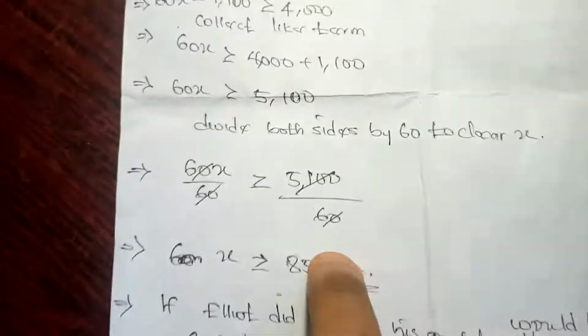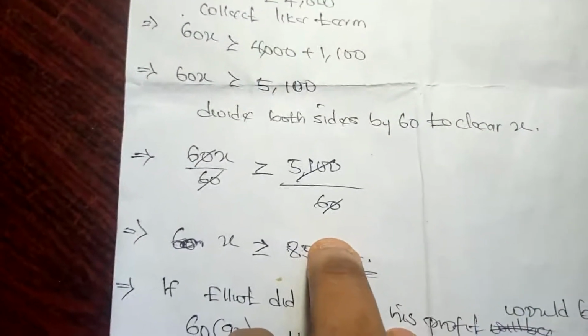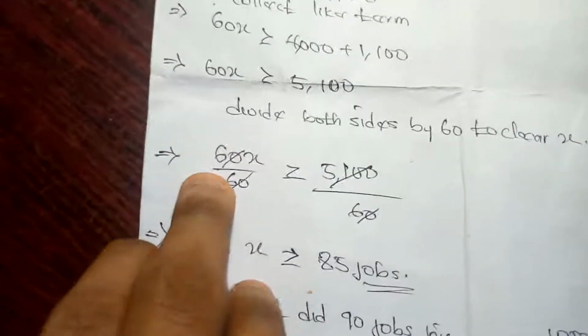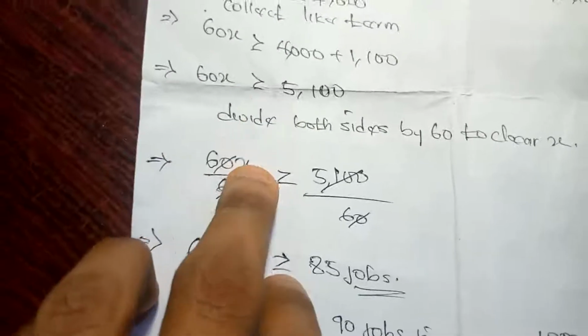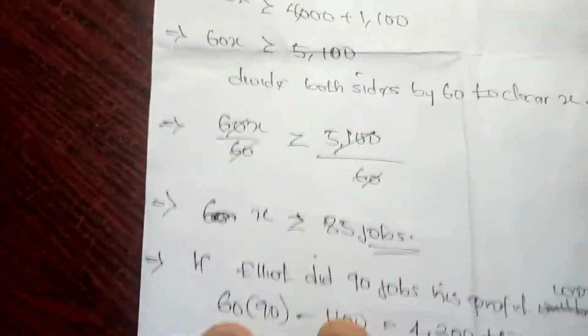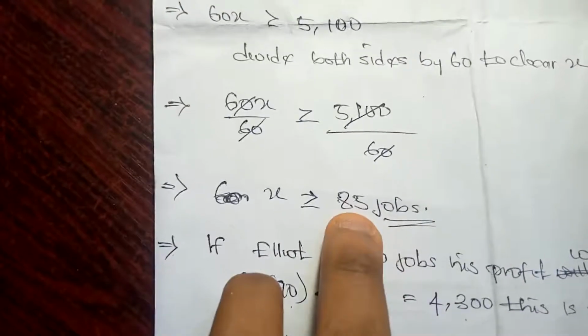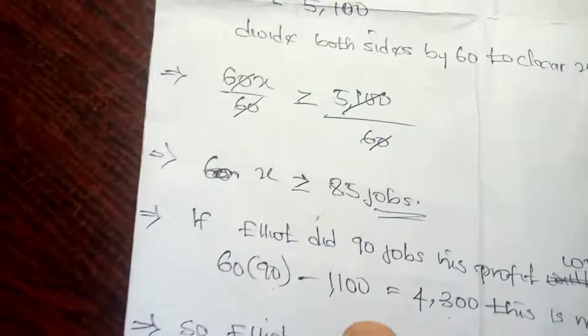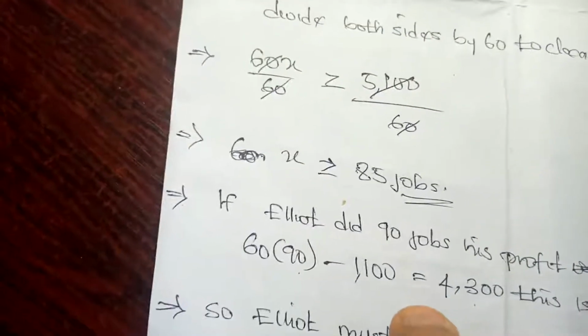So to get your x, we divide both sides by 60 to clear x. When you divide here by 60, you get 1. 1 times x is x. When you divide 5,100 by 60, you get 85 jobs. So x is greater than or equal to 85 jobs.